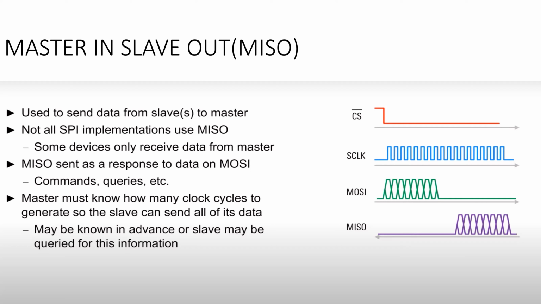It doesn't send anything to the microcontroller. So there is no need of using the MISO line, because the slave need not send any data, right? In some applications we don't need the MISO line. So this is the point of MISO.